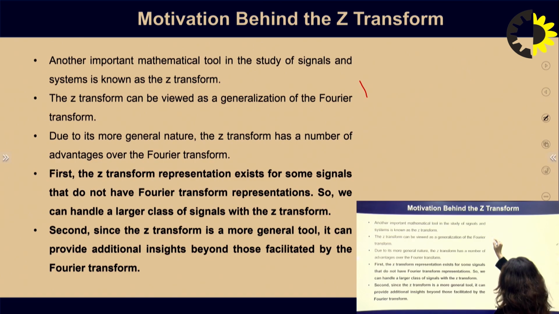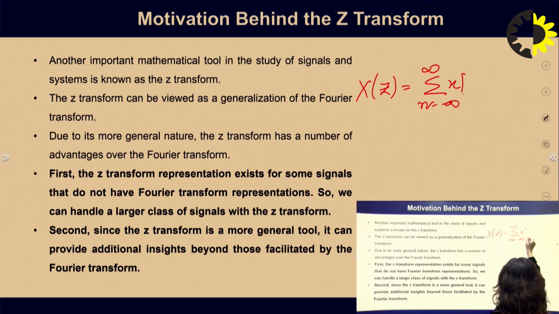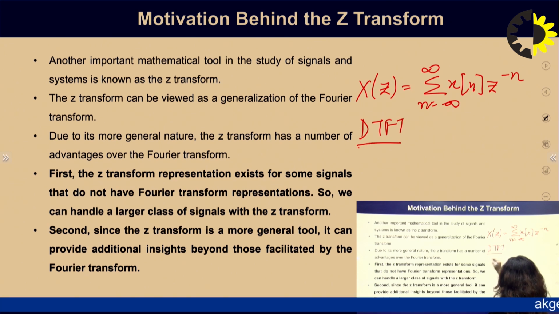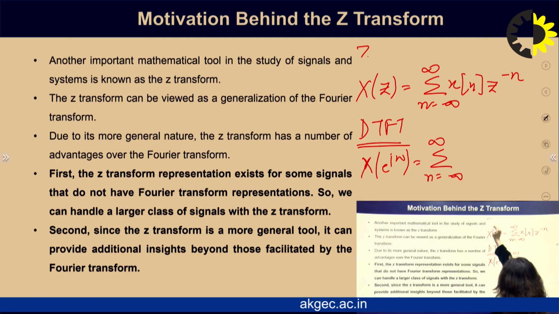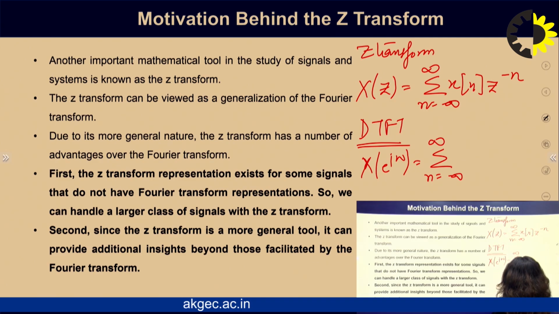The Z transform formula is X of z equals summation over n from minus infinity to infinity of x[n] z to the power minus n, and the discrete time Fourier transform is represented as X of e to the power j omega, summation over n from minus infinity to infinity of x[n] e to the power minus j omega n.